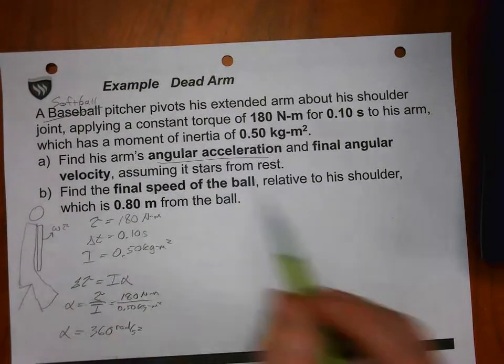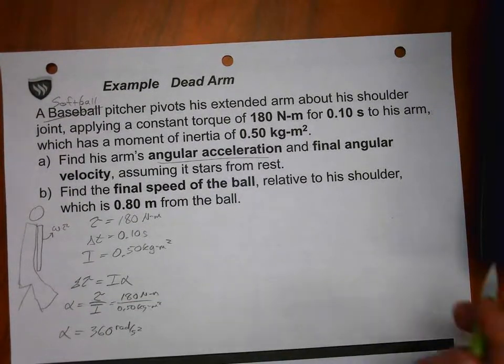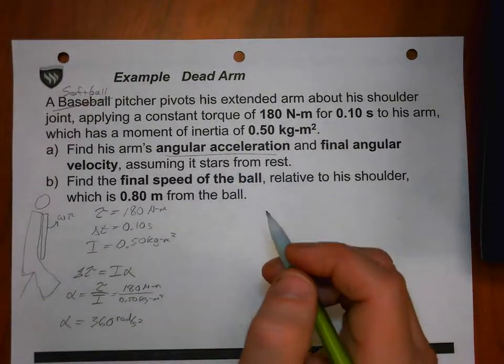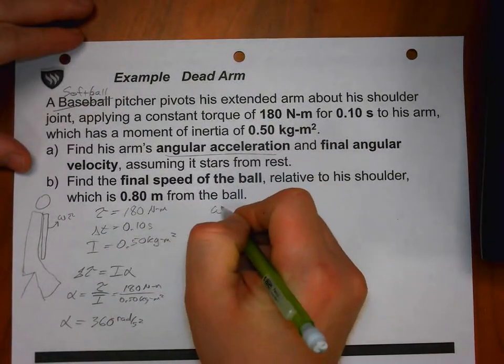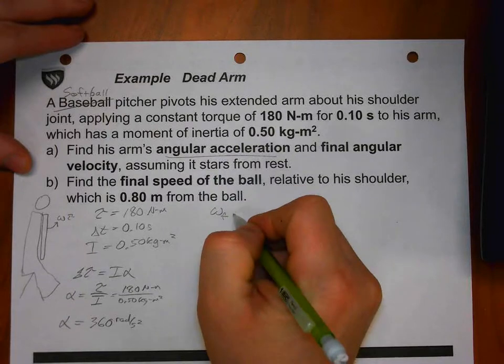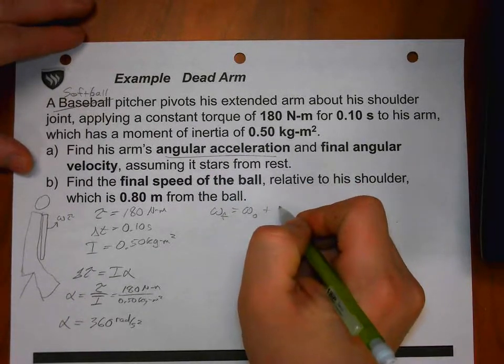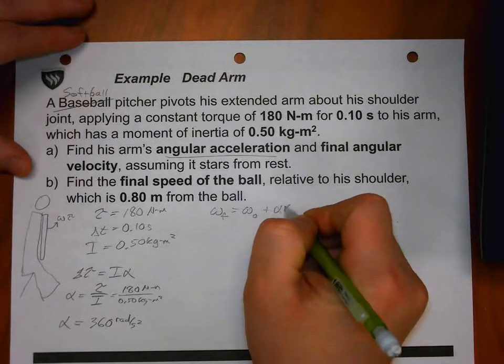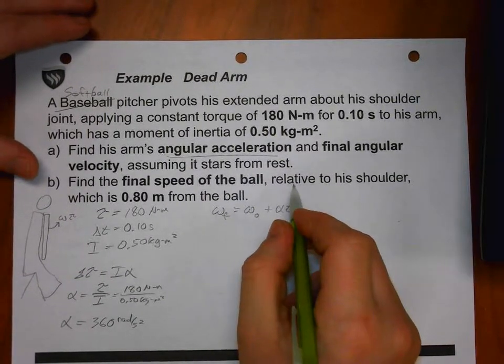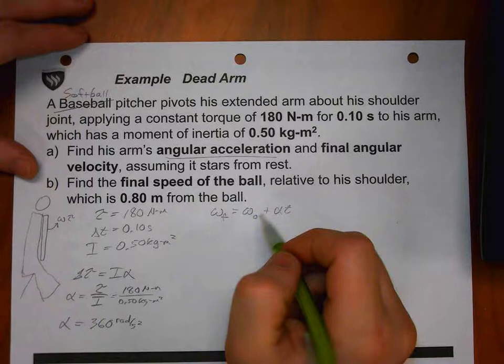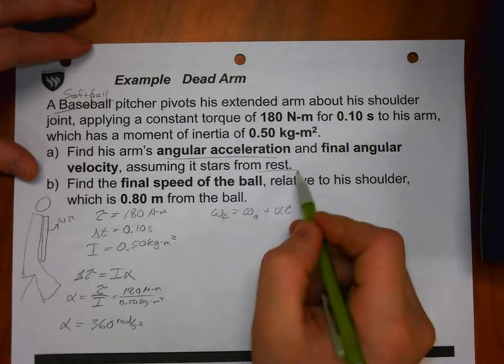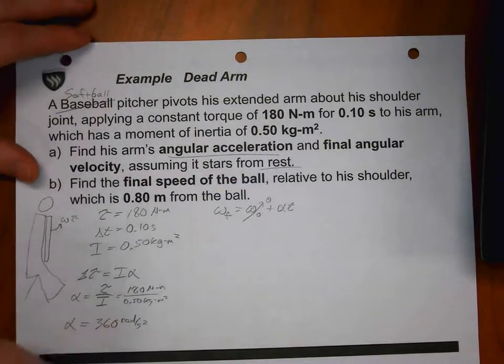Now find his final velocity. If you remember this very simple kinematic equation, the final angular velocity equals the initial angular velocity plus alpha t, which is angular acceleration times time. We'll assume it starts from rest, which means the initial angular velocity is 0.